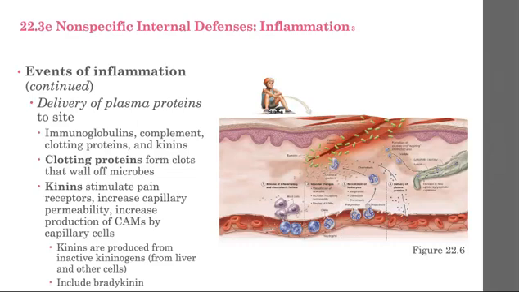The clotting proteins will form clots that wall off the microbes, and the kinins stimulate pain receptors and increase capillary permeabilities, which increases the production of those CAMs by the capillary cells. Our kinins are produced from inactive kininogens from the liver and other cells, and this will include bradykinin.